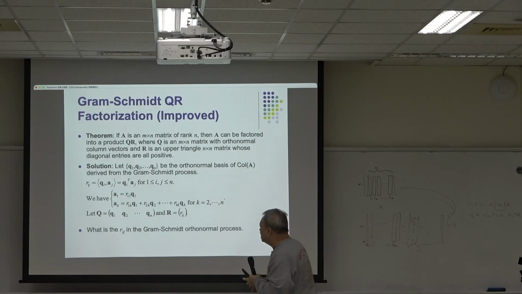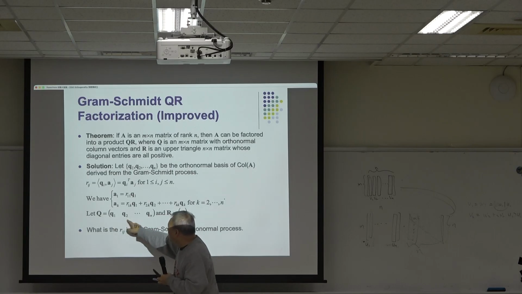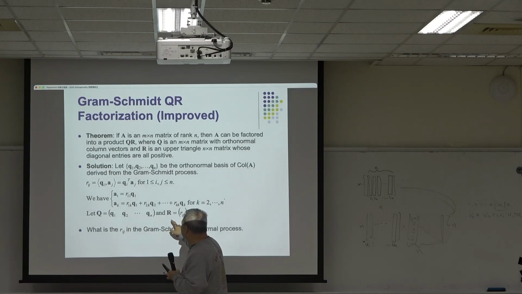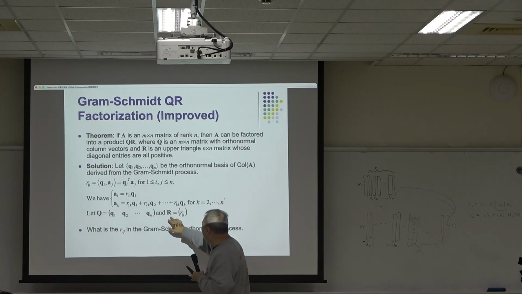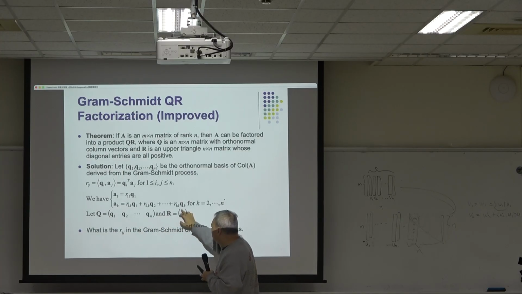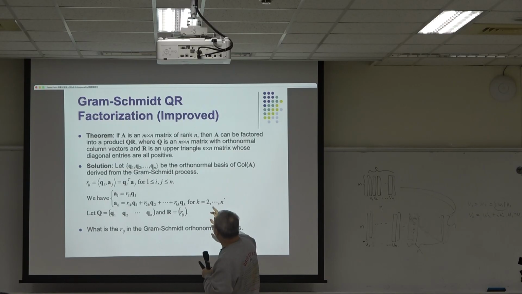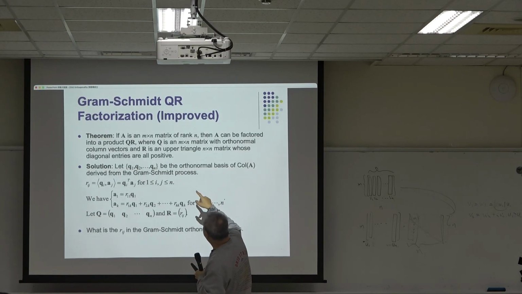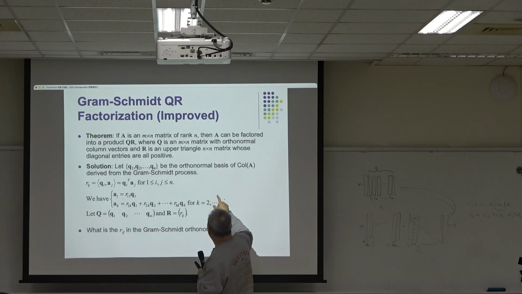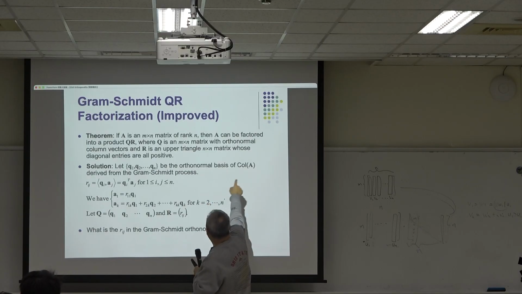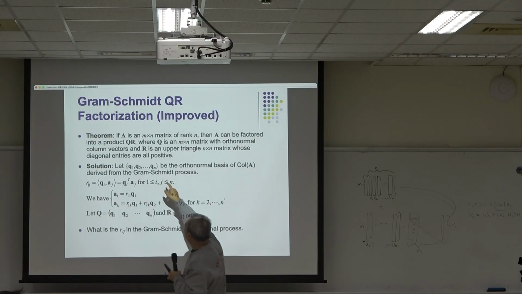Okay, and this Q1, Q2, and so on, this is our U_i, and this R_ij, okay, and remember, diagonal entries are all positive.